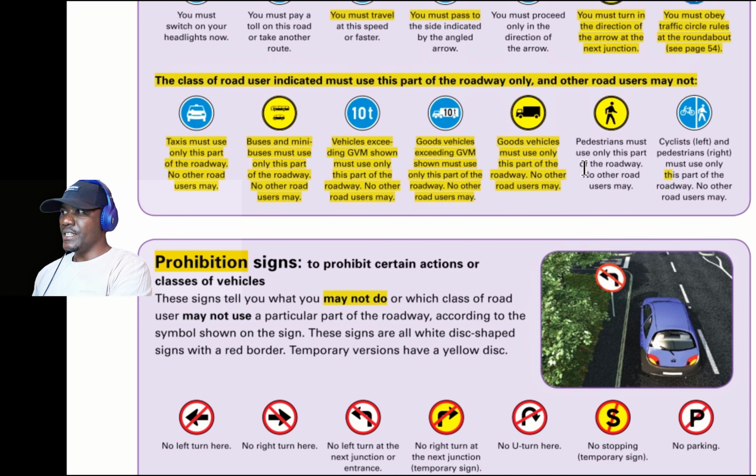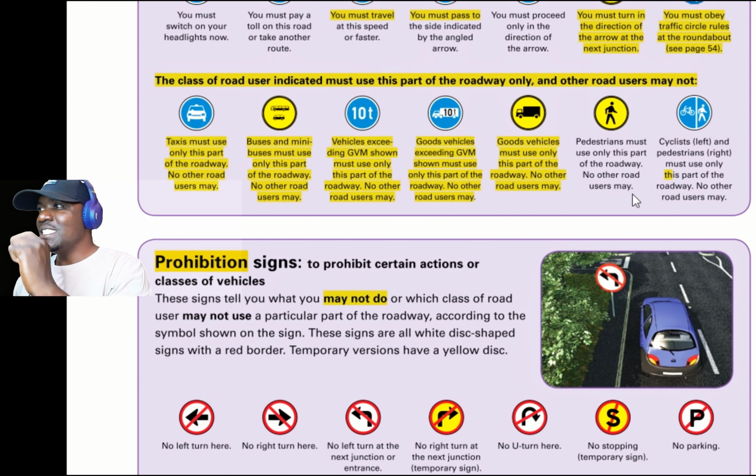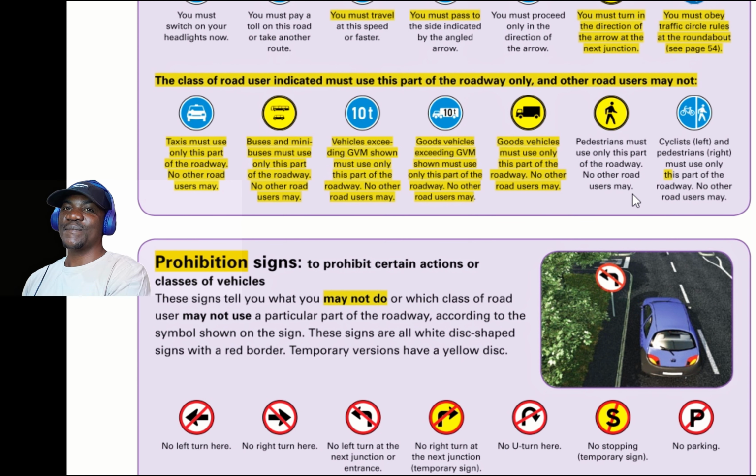Okay, the following a sign over here. It mentions that pedestrians must only use this part of the roadway. No other road user may. You see? No other road user may use this part of the road. Only pedestrians, as you see there.